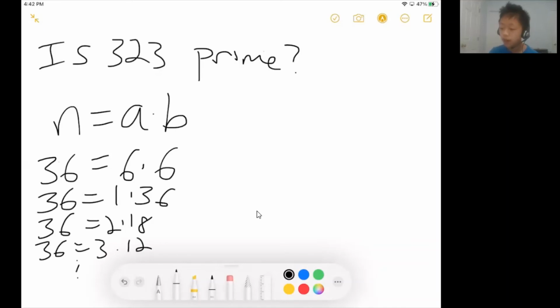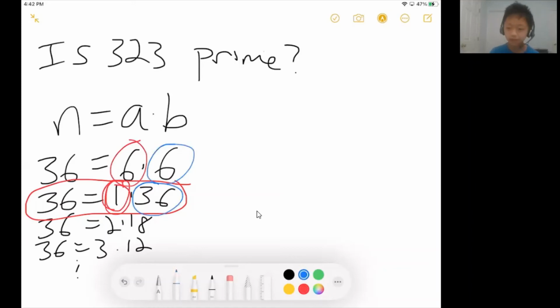Let's take a look at this red equality here. Exactly one, 1 in this case, is less than 6, and 36 is greater than 6. Now let's take a look at this green one. 36 is 2 times 18. Notice that 2 is less than 6, and 18 is greater than 6.